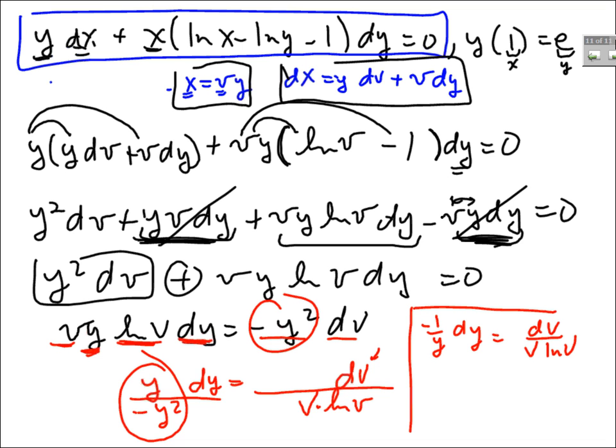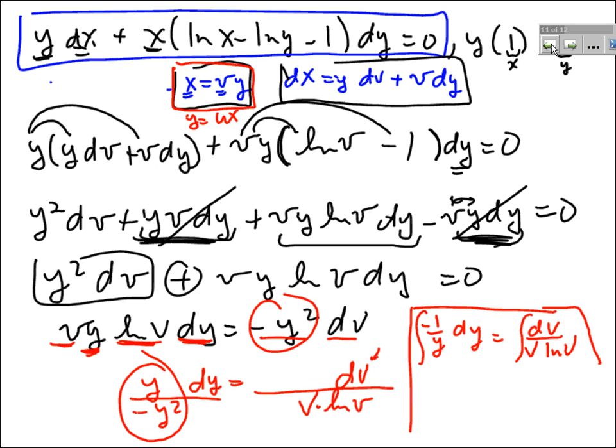I was thinking that wasn't doable, but it certainly is. Now, we want to take the integral of both sides. If one of these integrals is really, really hard, or both of them, then maybe we shouldn't have used that substitution. Maybe we should have used y equals ux. But this one is fine.